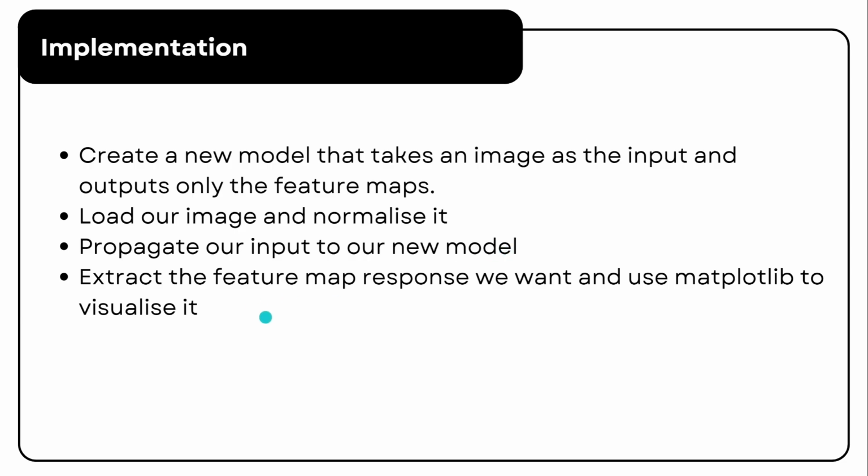Finally, we extract the specific feature map responses, so we can visualize them using Matplotlib. That's what allows us to see how different filters are reacting to different parts of the input image.